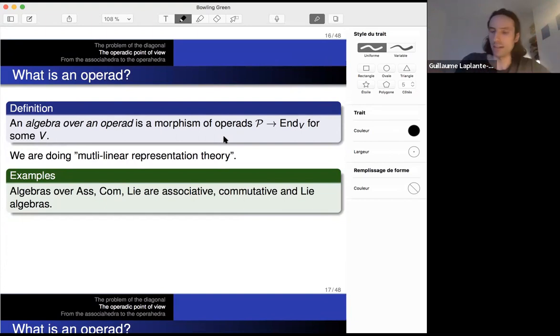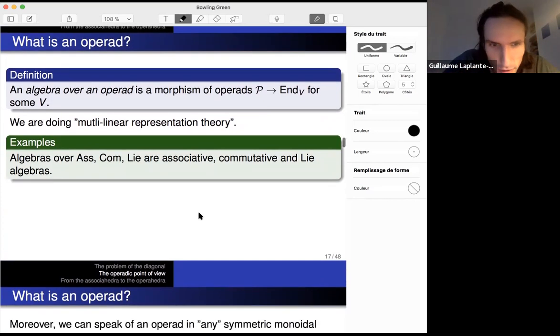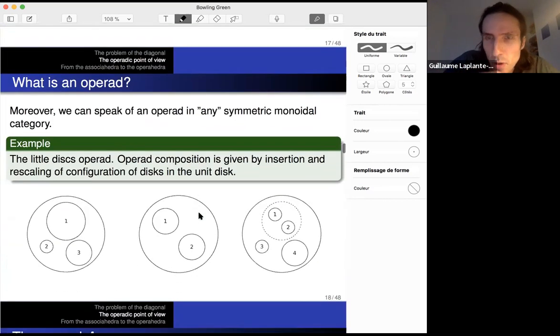Because if you only had maps from V to V on the right, this would be a representation. But here we're doing it for all arities. It turns out that when you take algebras over the associative operad, you get associative algebras, and the same with the commutative and Lie operads. And they are related by Koszul duality. It's a beautiful theory. I would be very happy to say a bit more about it afterwards.